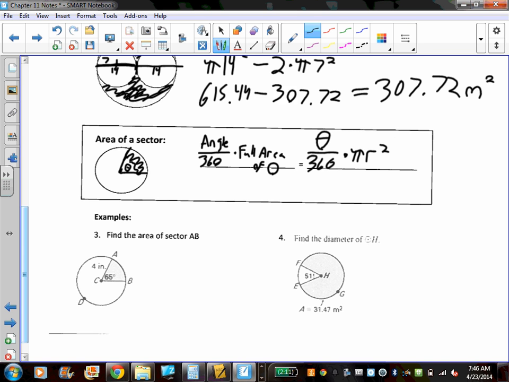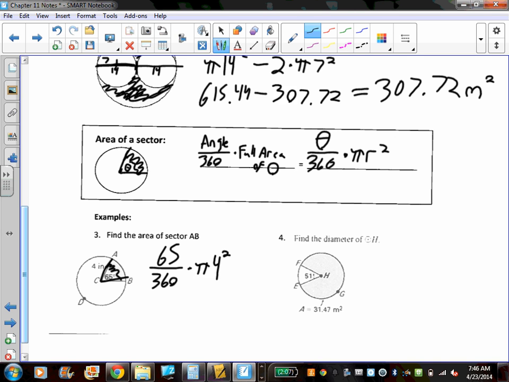So if we wanted to know, for example, in this one, the area of this sector, this piece of the pie basically, in this case our theta is 65 degrees. So we'll have 65 over 360 times pi. Radius, they tell us, is 4, so it'll be pi times 4 squared. I would recommend figuring out what 65 out of 360 is as a decimal first.